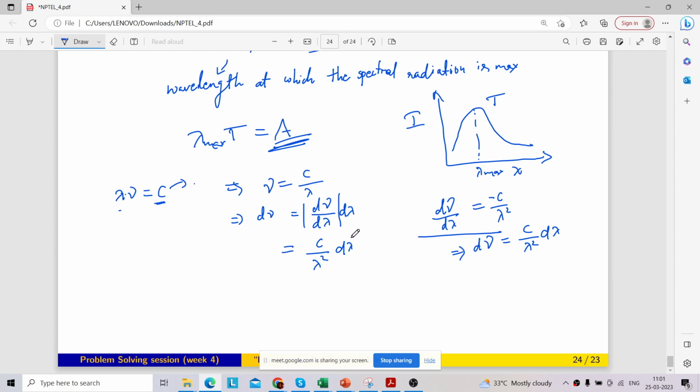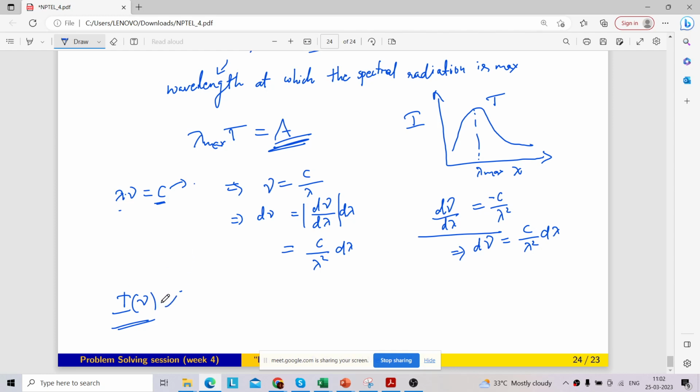Then we know from the Planck distribution formula this intensity I nu.